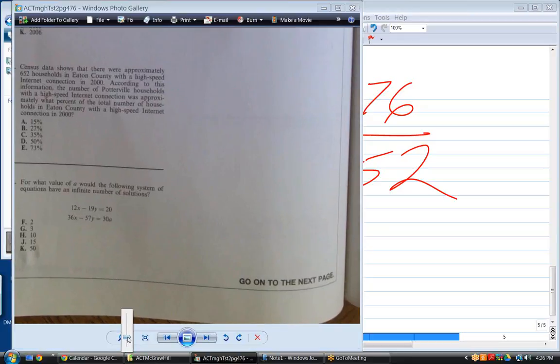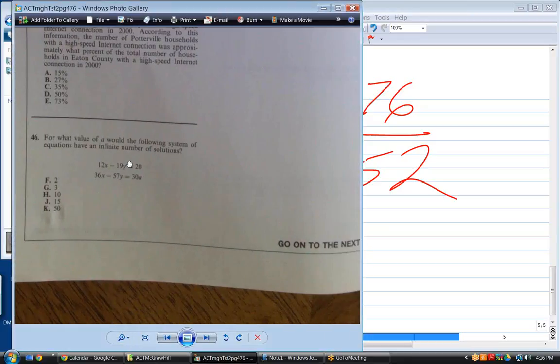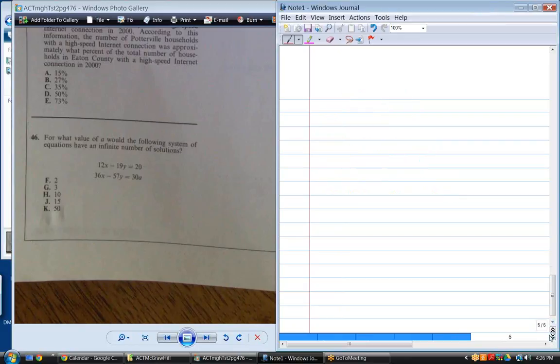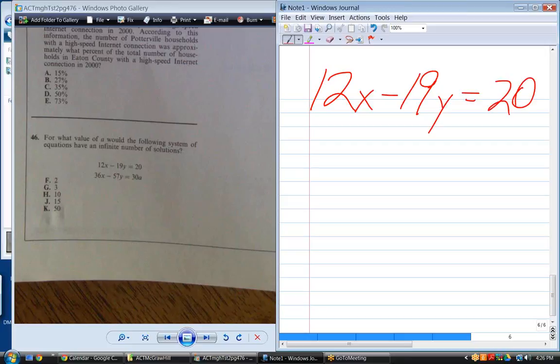Let's blow it up a little bit so you can see it a little better. Another tough question. When you have two equations and two unknowns, when do you get an infinite number of solutions?